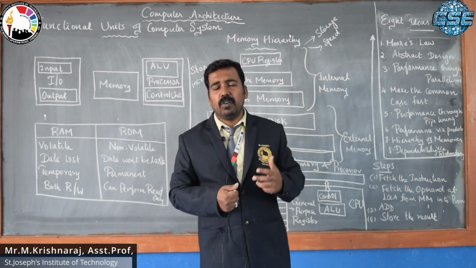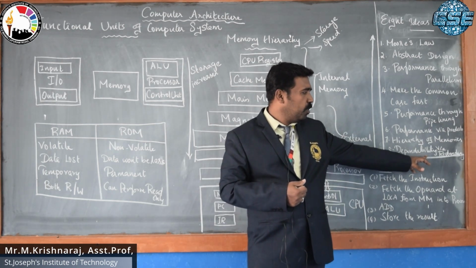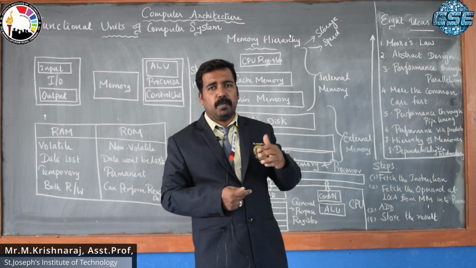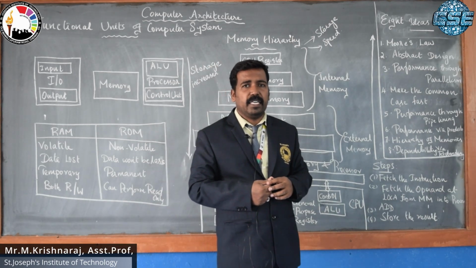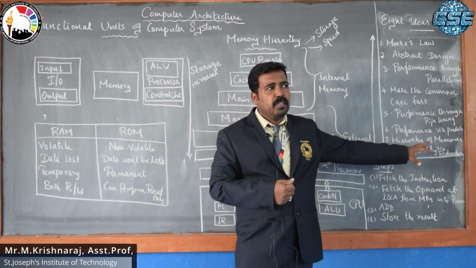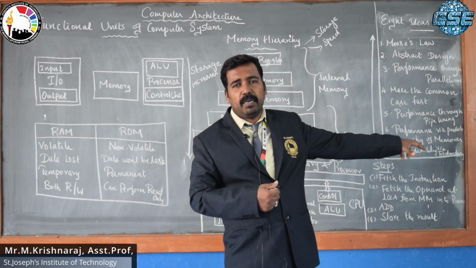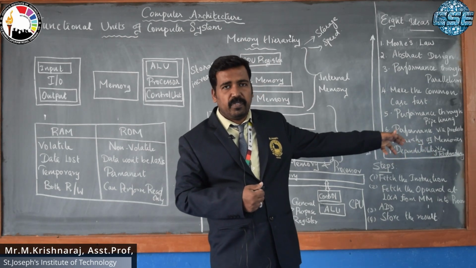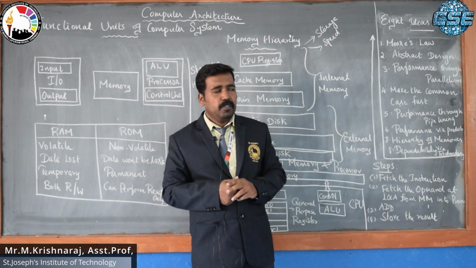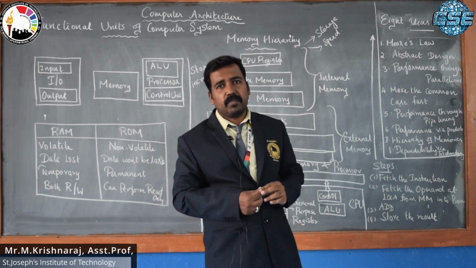For handling large volumes of data, we use the cloud for backups. So dependability via redundancy means we are storing the data in multiple forms and multiple storages, so that if any kind of technical or power failure occurs, we will be able to retain the data in the future. So these are the important key ideas in computer architecture. Thank you.